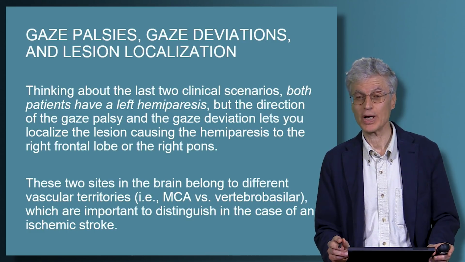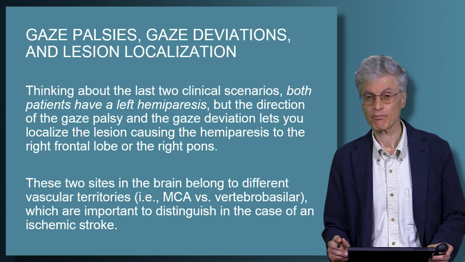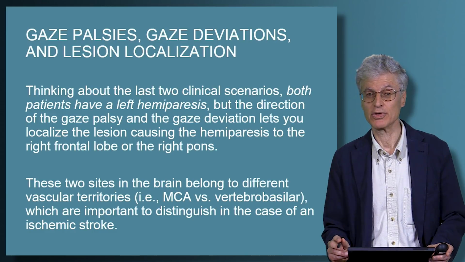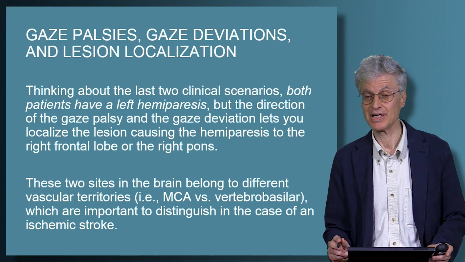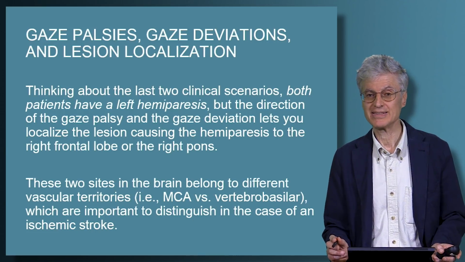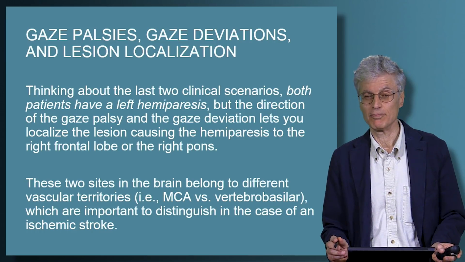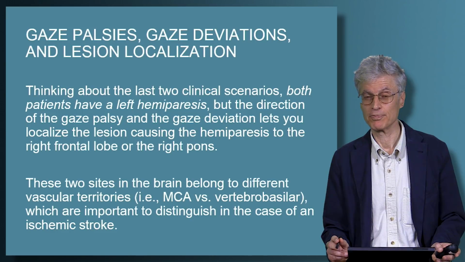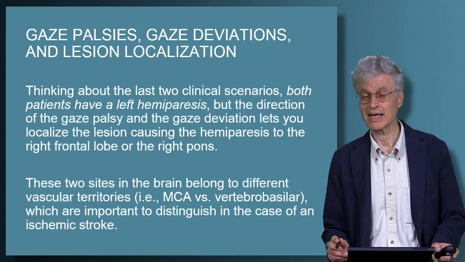And in the case of the right pontine lesion, the eyes were to have turned right but are deviated left, and there's a left hemiparesis. These two sites in the brain belong to different vascular territories: middle cerebral artery and vertebrobasilar artery, which are important to distinguish in the case of an ischemic stroke. The next video you'll see illustrates this.